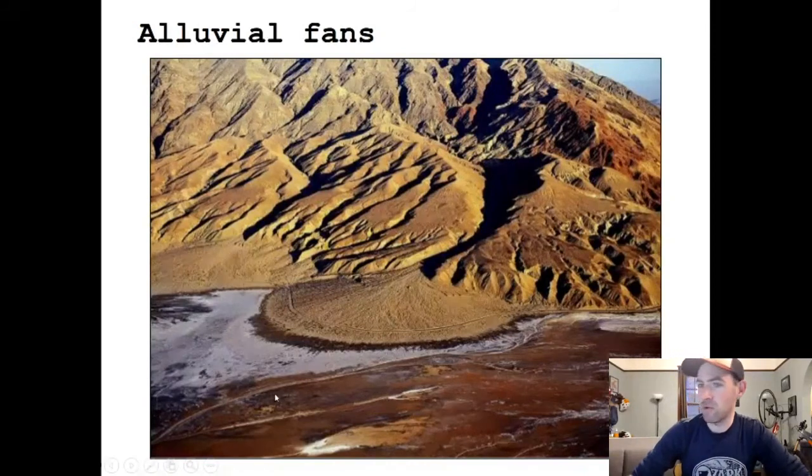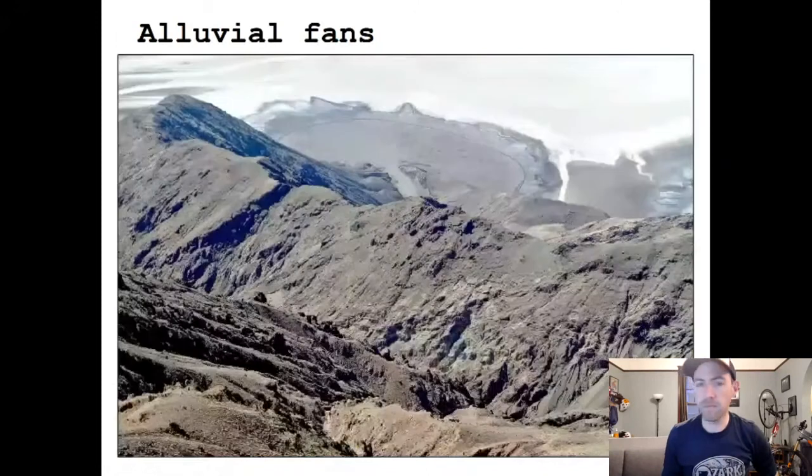This is actually a really cool area. This is one of the highest relief locations in the United States. It may be the highest relief location in the continental United States, where this valley is continually faulting.